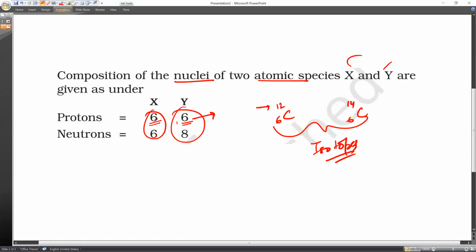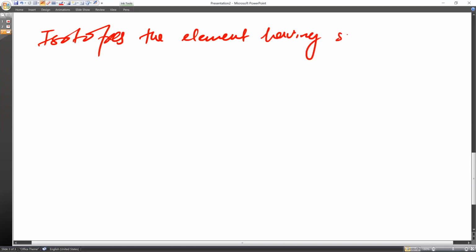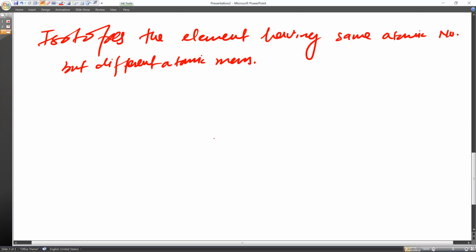Note it down. Let's study isotopes. What are isotopes? Isotopes are the elements having the same atomic number but different atomic masses.